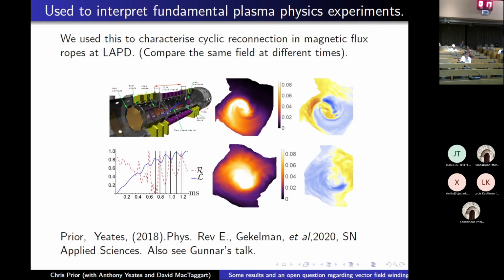And what we found when we analyzed this data, this is a distribution of the winding. That's the quantity we're calculating, the total average winding. It basically goes through a cyclic reconnection cycle where it forms a single flux rope through reconnecting and then crashes and they separate apart. The reason it goes through this cycle is because it's constantly being subject to current.